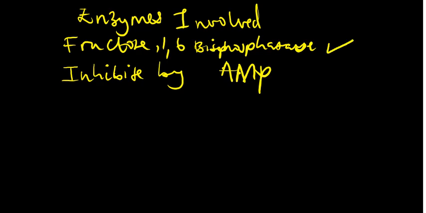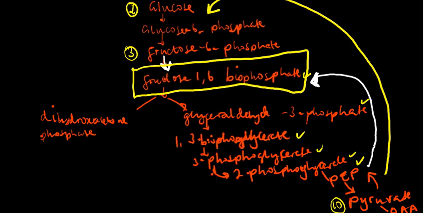Now let me just take you back to, we'll keep on referring to glycolysis. Remember that for us to move from fructose 6-phosphate to fructose 1,6 bisphosphate, these are the enzymes that are involved.